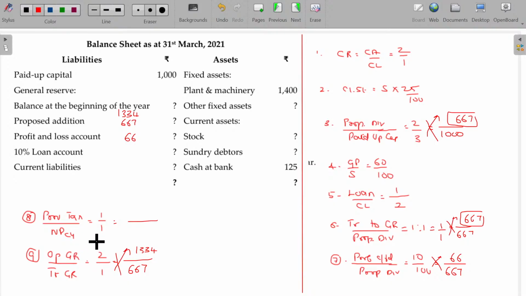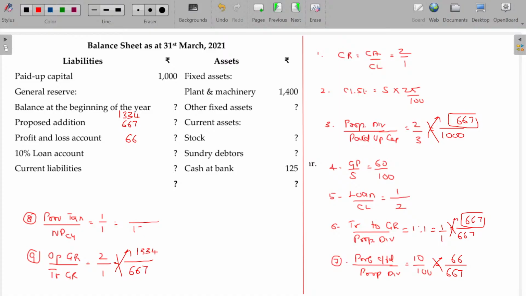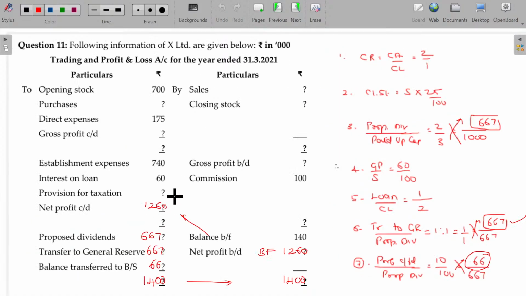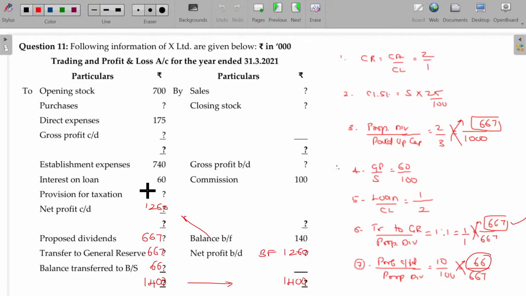Net profit for the current year we already calculated, which is 1260. And these two are the same, meaning 50% taxation, 1260. From this information, the provision for taxation is also 1260.